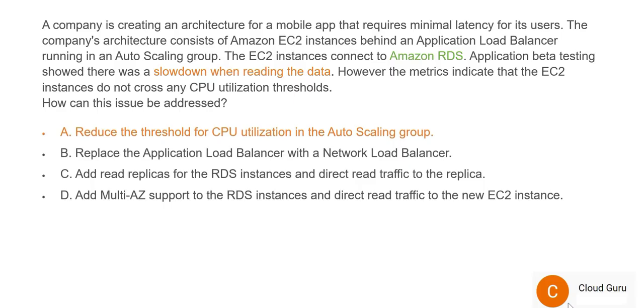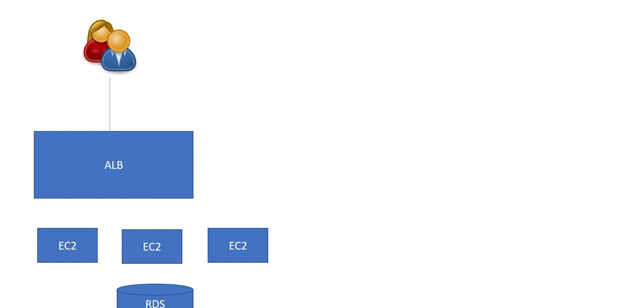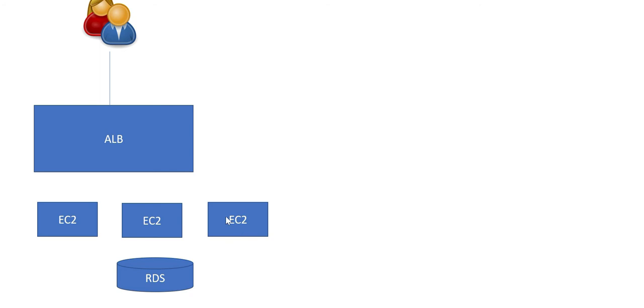So how do we address this? Let's see. The first option says reduce the threshold for CPU utilization in the auto scaling group. Suppose the threshold was 70% and the forensic evidence says it never crossed 70%.